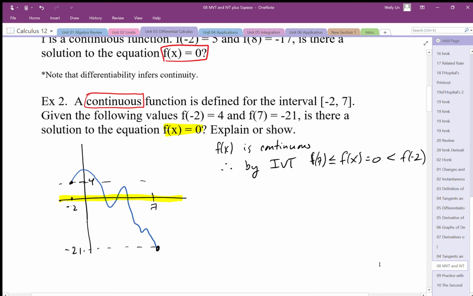Okay, and we know that this must exist, and I should state this more concisely as f of c. Okay, f of c must exist. There's c1, there's c2, there's c3. In this particular case, there's actually three c's, but we know at least one exists where c is in between the bounds of -2 and +7. Okay, and this is the intermediate value theorem.